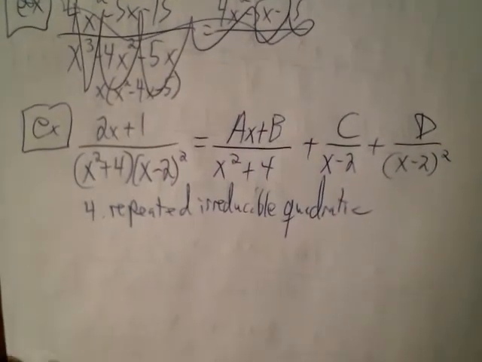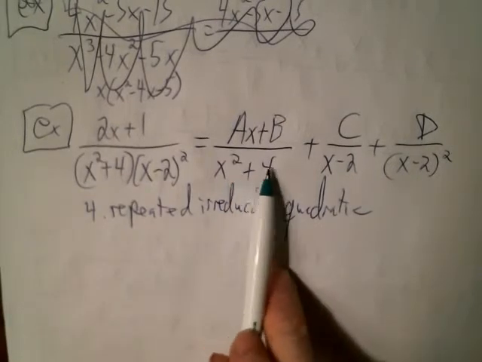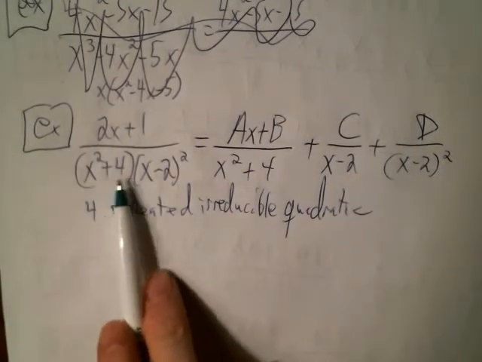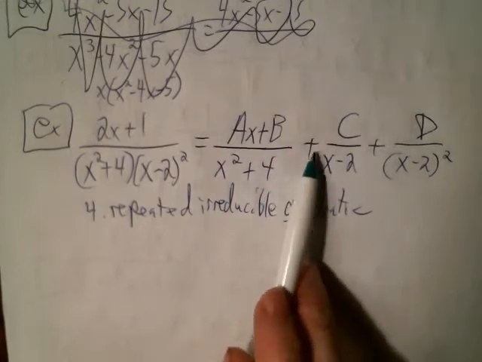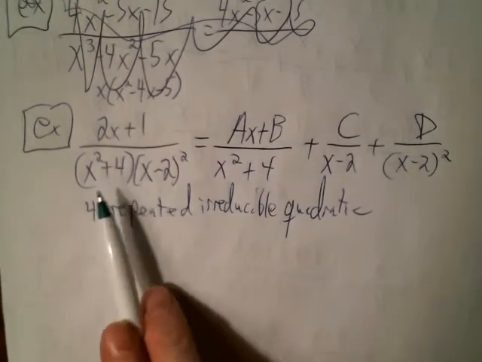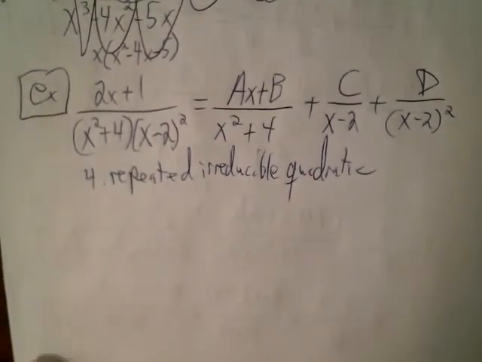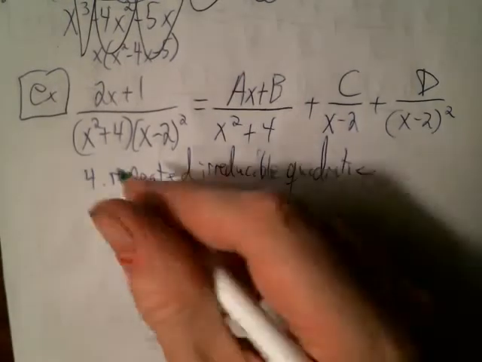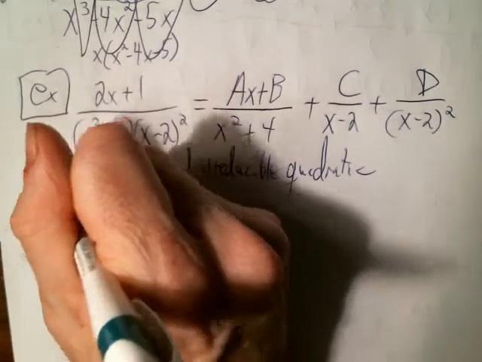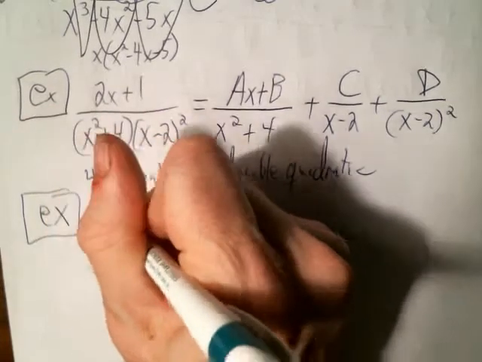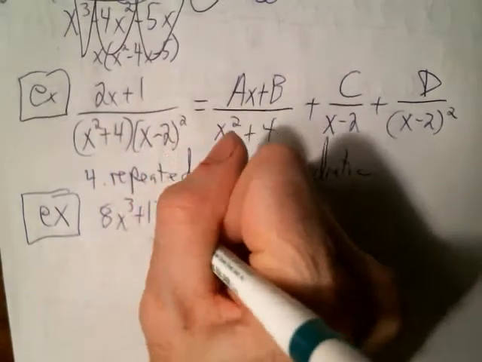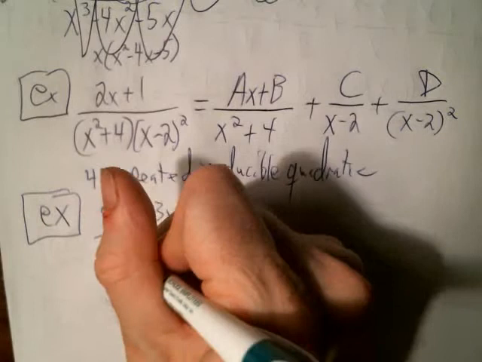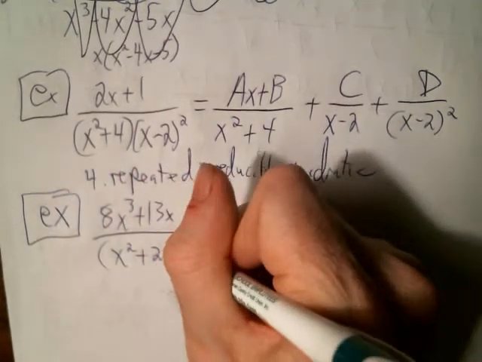Those repeats work the same way as the linear repeats. You're just going to put a fraction for each factor of the repeat, and you'll increase the exponent all the way up to the number of repeats in the denominator. Let's take a look at two examples of those. We have 8x cubed plus 13x all over x squared plus 2 squared.